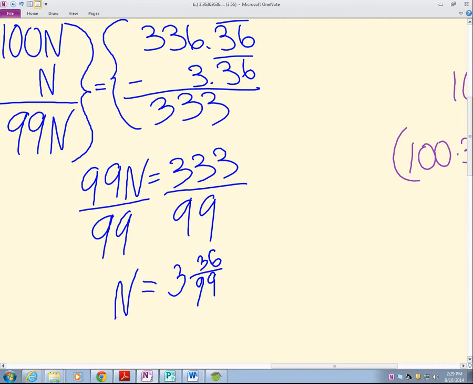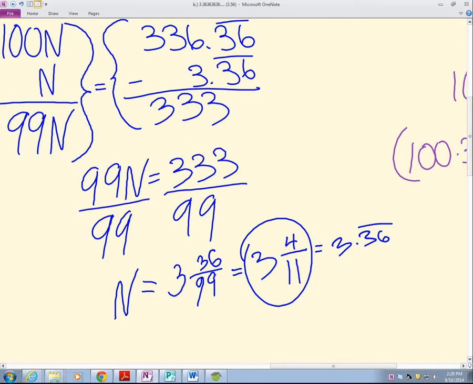You should all recognize the divisibility rules: 3 plus 6 is 9. So since it goes into 9, it's divisible by 9. And you should know that 9 times 4 is 36. So it's 3 and 4/11ths is how you say 3.3636363636, like that.